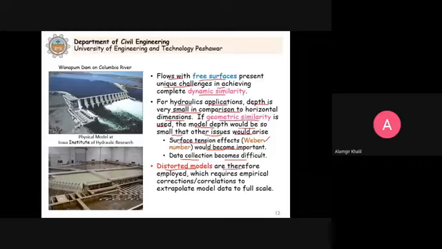They are therefore employed, which requires empirical corrections or correlations to extrapolate model data to full scale. You see, it is written here empirical correlations to extrapolate the data. A very common example is Manning's formula. Manning's formula is an empirical equation, developed from laboratory data.